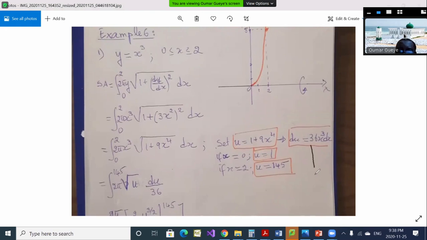So from this equation, you can see du over 36 is equal to x cubed dx.